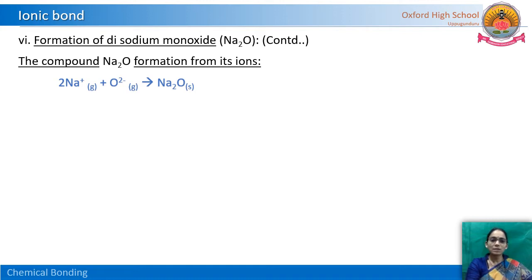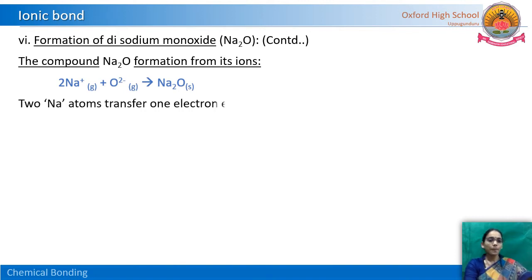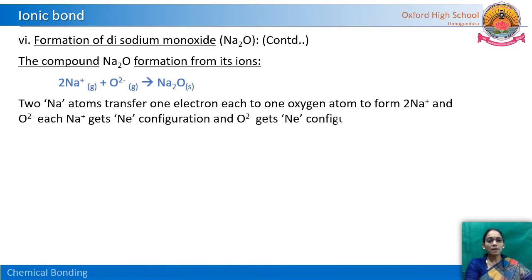What is the charge here? Neutrally charged. This compound is neutrally charged. And what happened here? The transfer of electrons from one ion to another ion. So the bond between the sodium and oxygen is called ionic bond. Two Na atoms transfer 1 electron each to one oxygen atom.